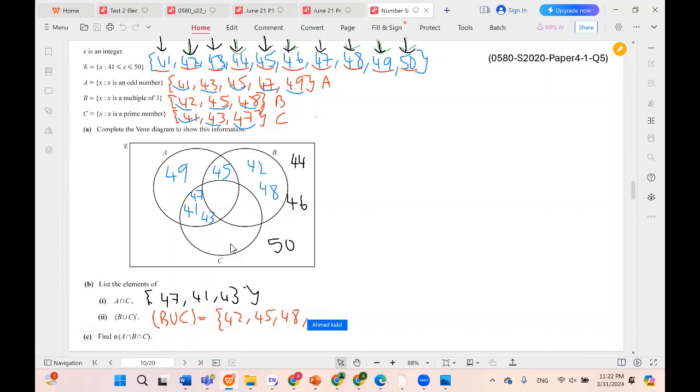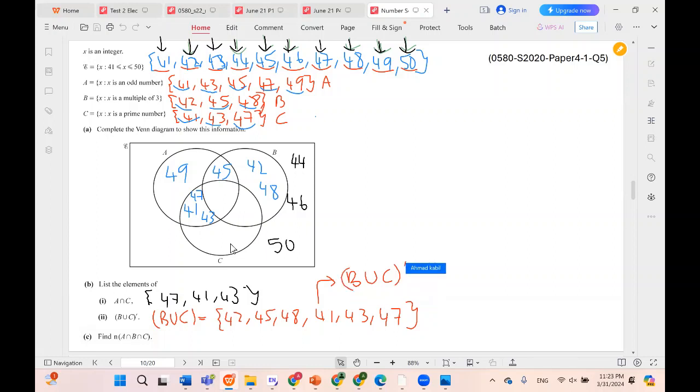And then let's write down everything in C and just avoid repeating any number. So 41, 43, and 47. These are the elements of B union C. So the complement of B union C would be all the other elements.